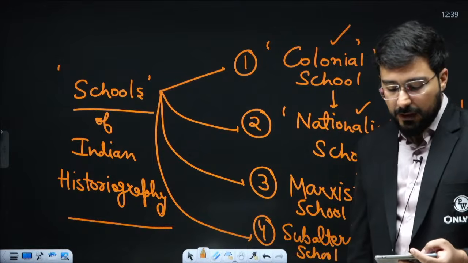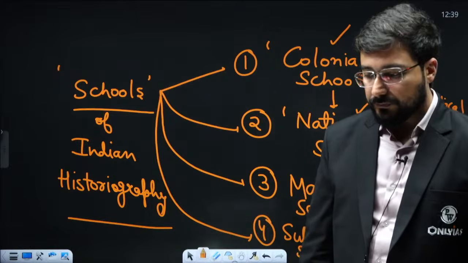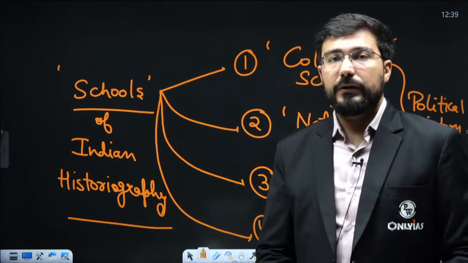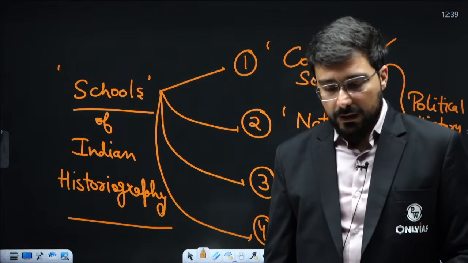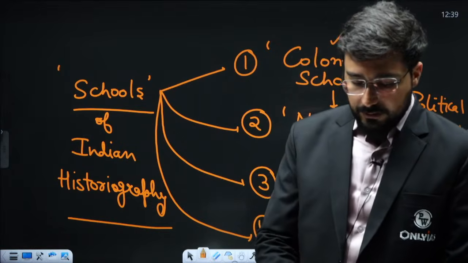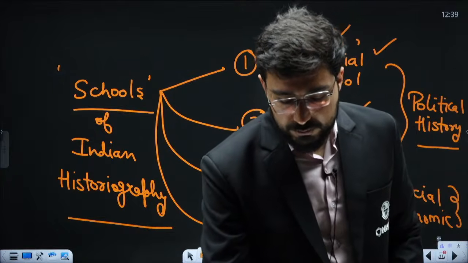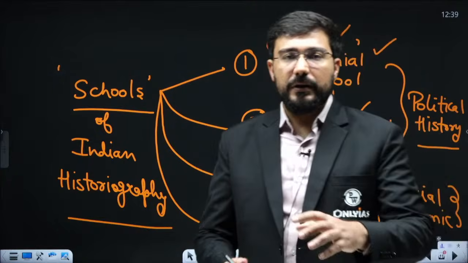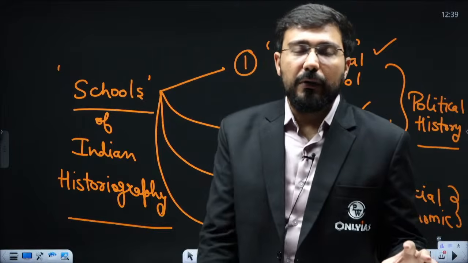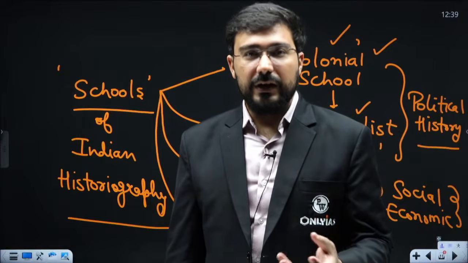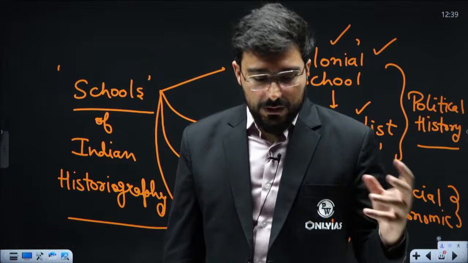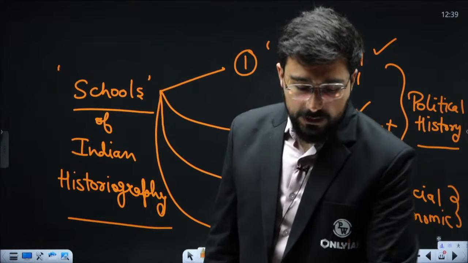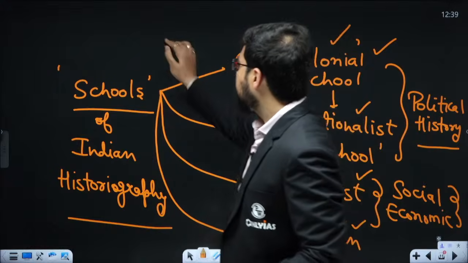This school translated Indian texts, like suppose Manu Smriti. The Manu Smriti was translated by them to understand what kind of societal rules Indians have. We'll discuss that later in detail.